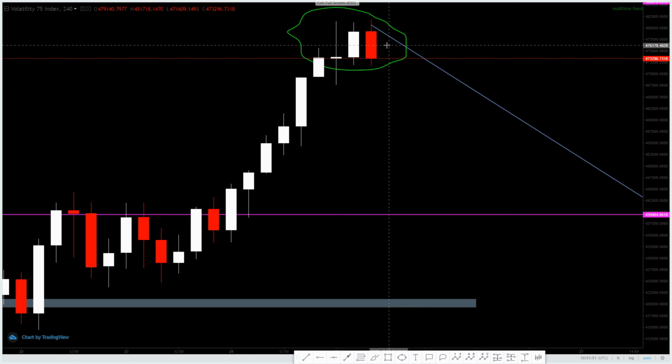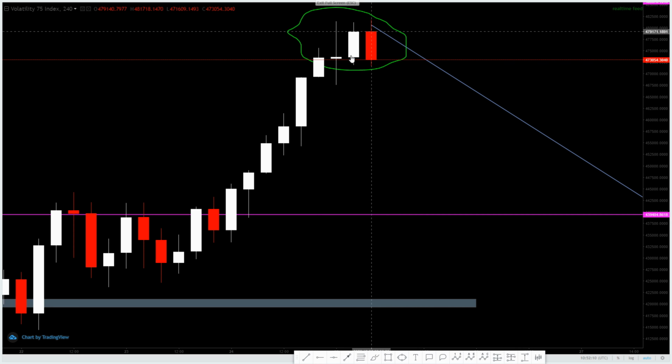But remember, this tweezer top and things like that must be at your key level, and you must train your eye in order to be able to spot the perfect tweezer top, tweezer bottom, or any other price action signal in the forex market, right? As you guys can see.